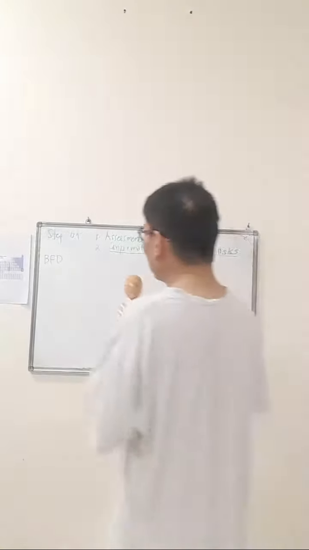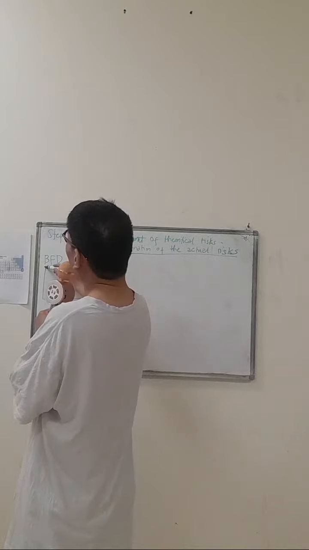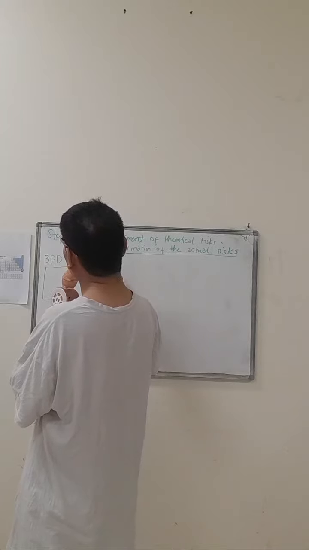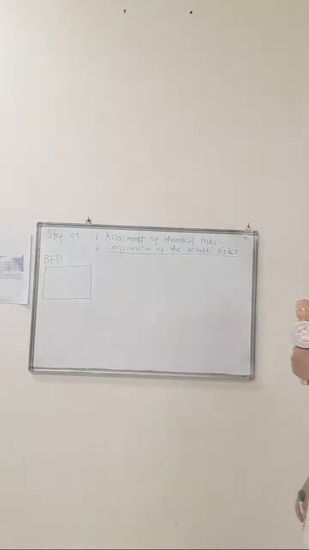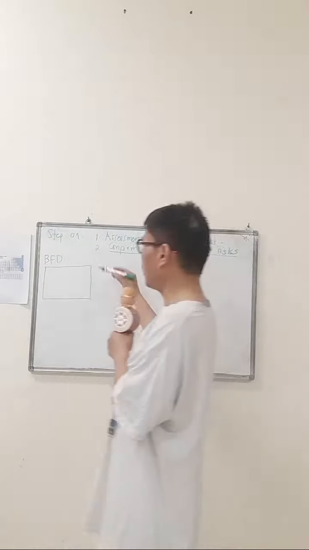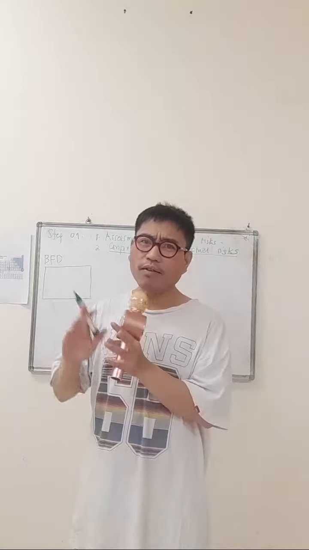Wait, I have to adjust the screen. So the first step is here. Sorry, my whiteboard is very small, right, guys? So here will be the raw materials, mixing, something like that.